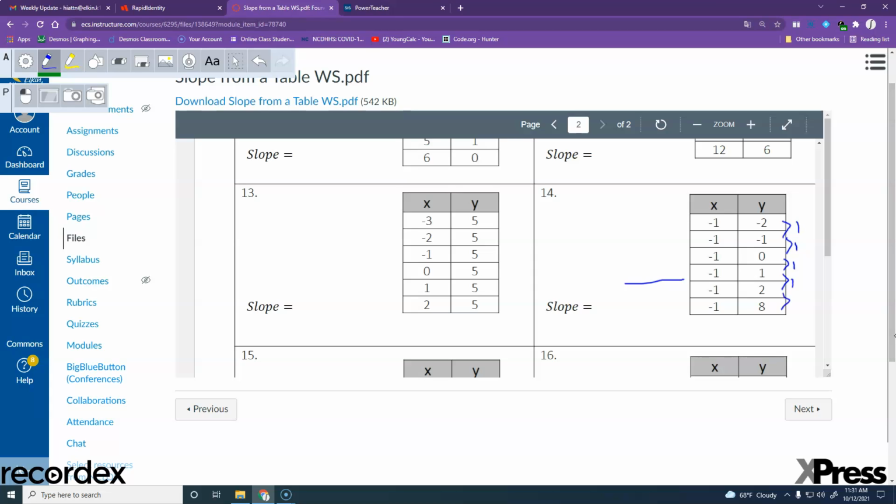This actually goes up by 6 here, but it doesn't matter if that goes up by 6. What do my x's change by? Nothing. Zeros the whole time. So I'm going to have 1 over 0 for most of these. I'm also going to get 6 over 0, but it doesn't matter. What do I get when I've got the 0 on the bottom? This is undefined.